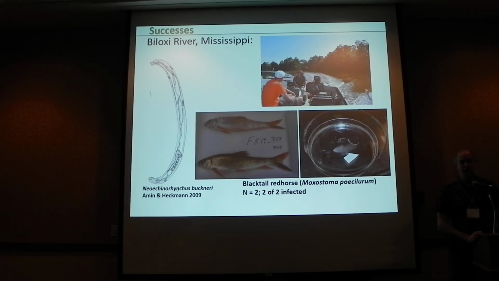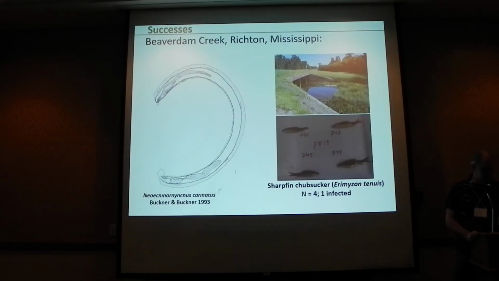We got on the water. We had just broken a backpack shocker the week before, and so when the e-boat broke after 20 minutes, we really began to wonder if maybe we should change projects. But we did get 2 fish before the e-boat broke, both of which were infected. So we did succeed in getting Neoechinorhynchus buckneri from the type locality in southern Mississippi. So that was a nice result.